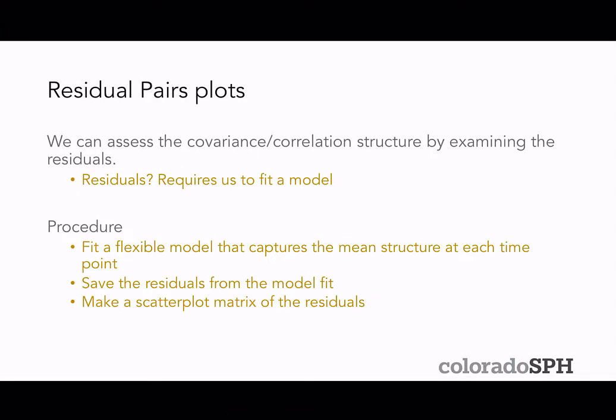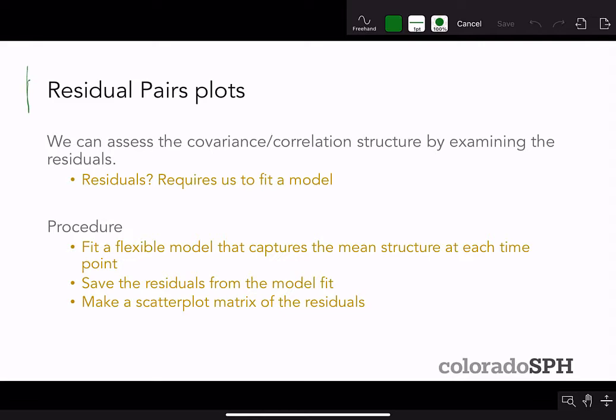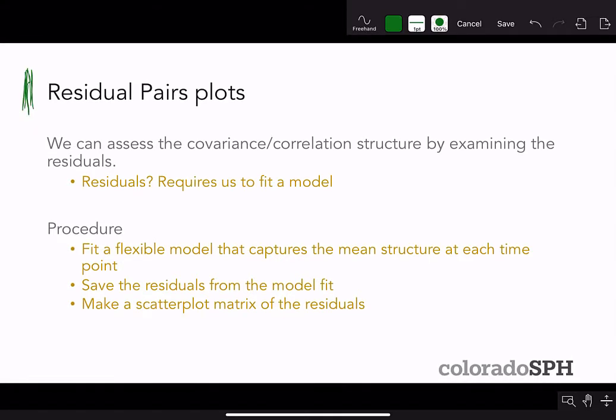And I'm going to focus on the pig weights data here. So first up is residual pairs plots. And the intuition behind this and a lot of the other ways of assessing covariance is we can assess the covariance or correlation structure by examining the residuals.